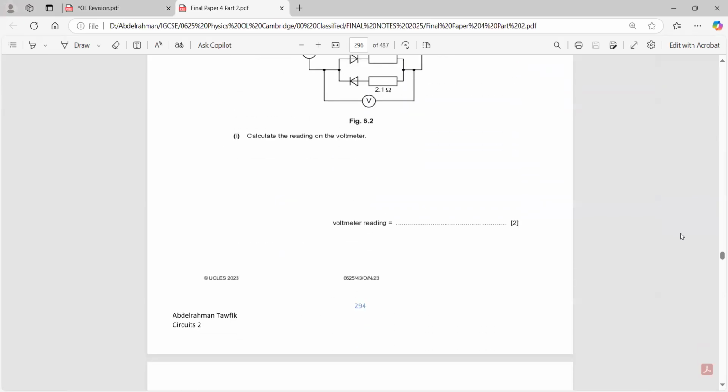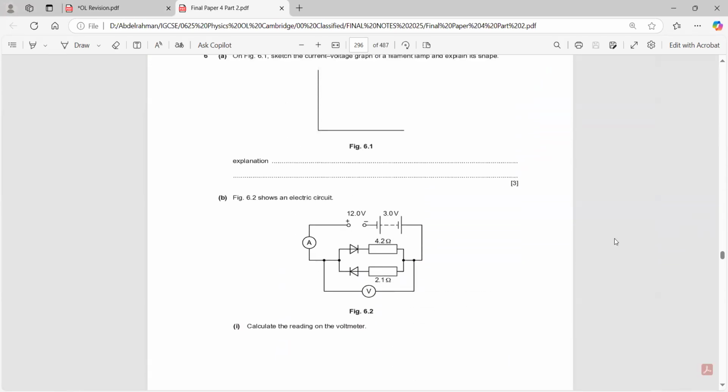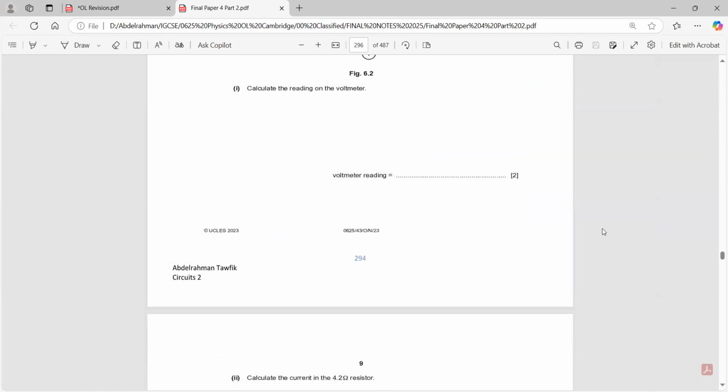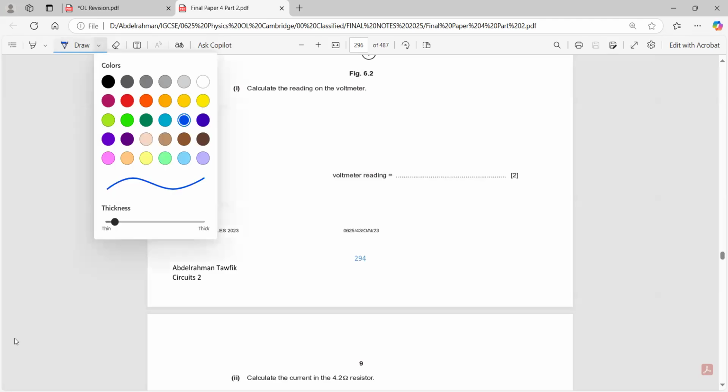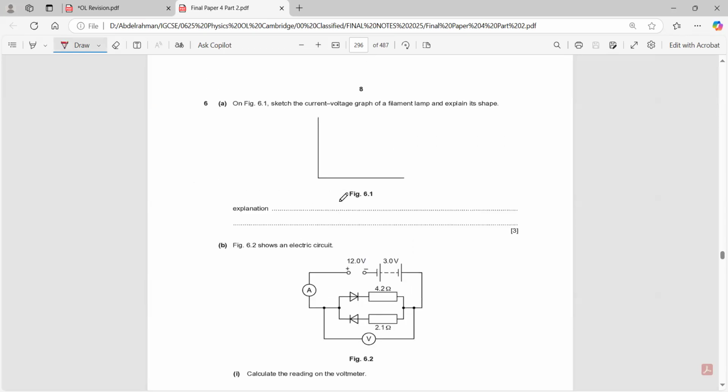Page 294 in your classified questions, part 2. The last question in circuits 2, page 294.